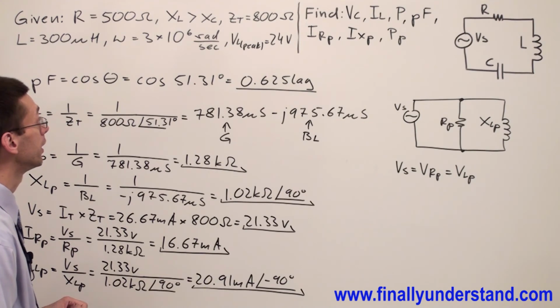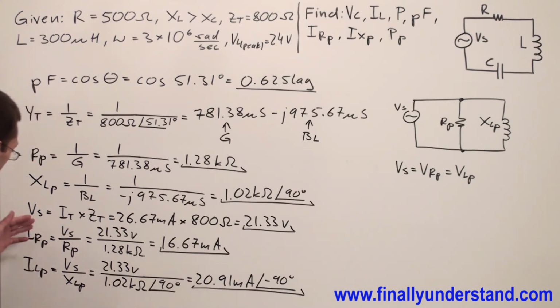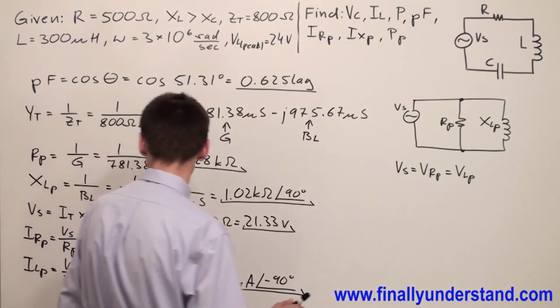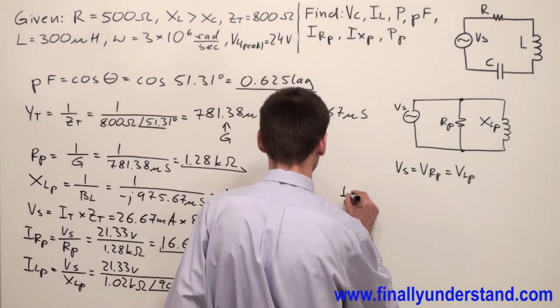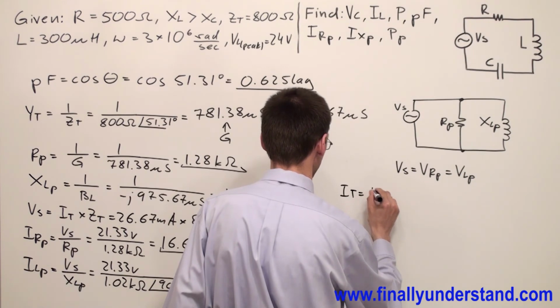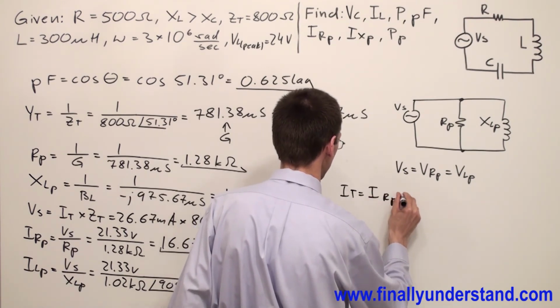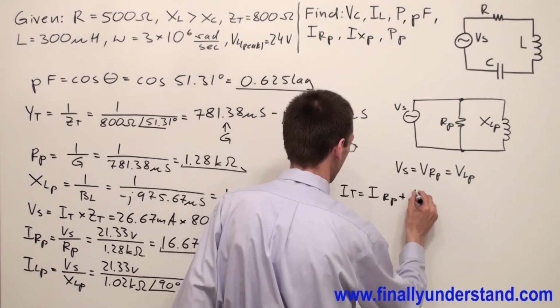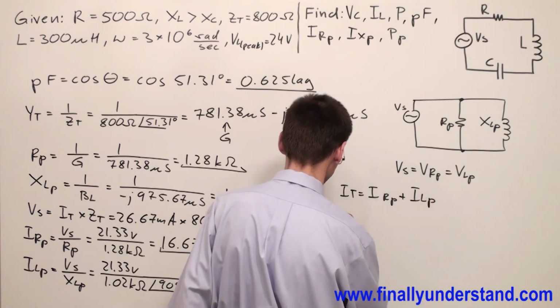Next, we can verify if our answers are correct. How I can do that? Simply add these two currents and you're supposed to obtain the value of I total. So let's check it. I total is equal I_RP plus I_LP.